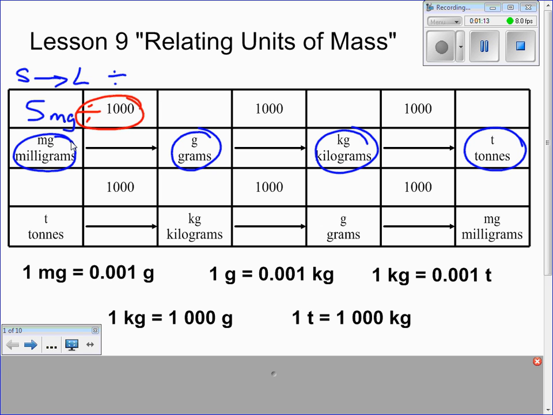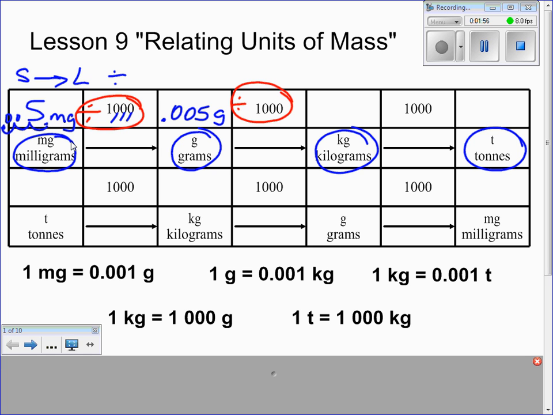When I do that, I move my decimal place 3 spaces to the left, because there are 1, 2, 3 zeros in 1,000. So if I move my decimal point 3 spaces, 1, 2, 3, I need to add 2 zeros. So 5 milligrams is equal to 0.005 grams.